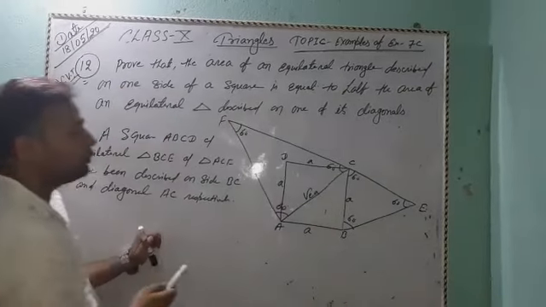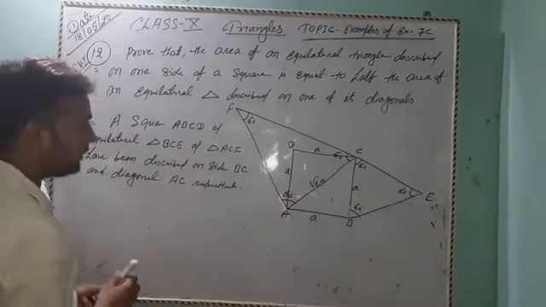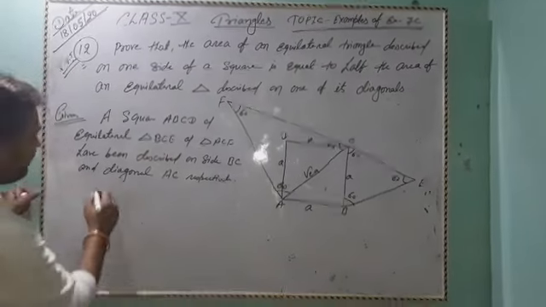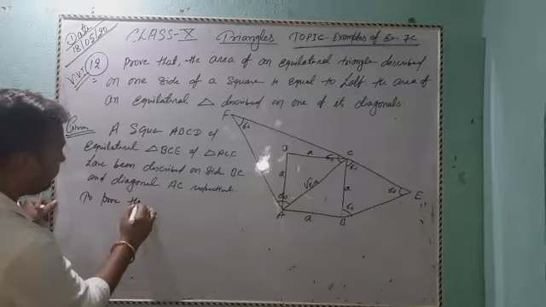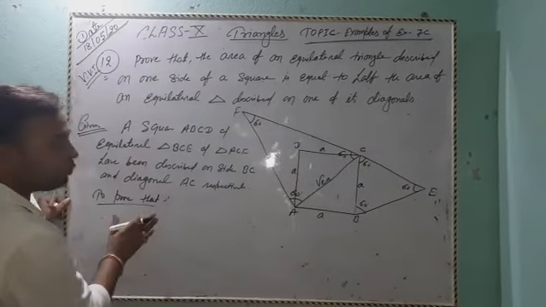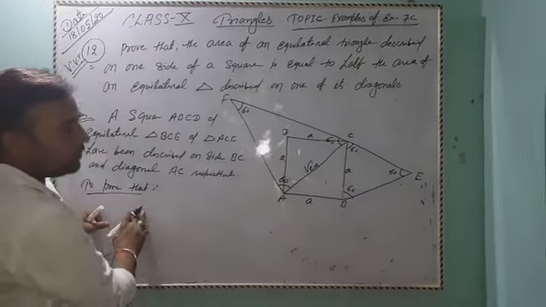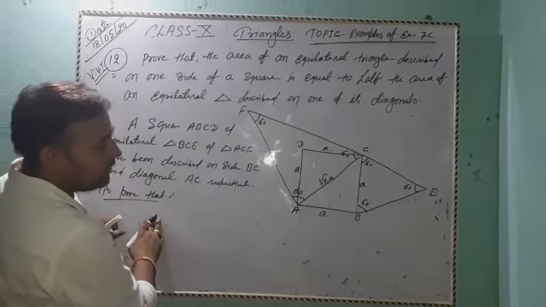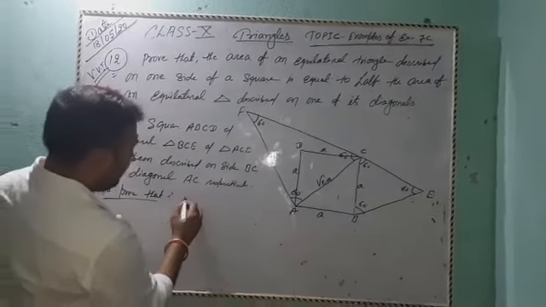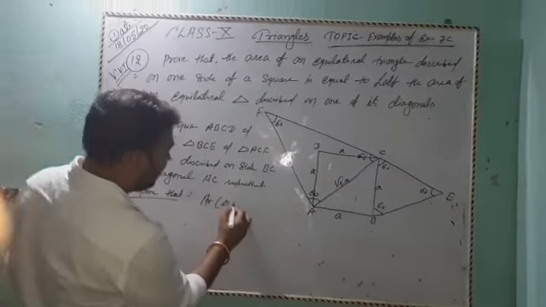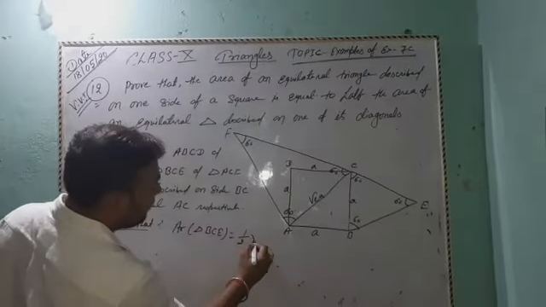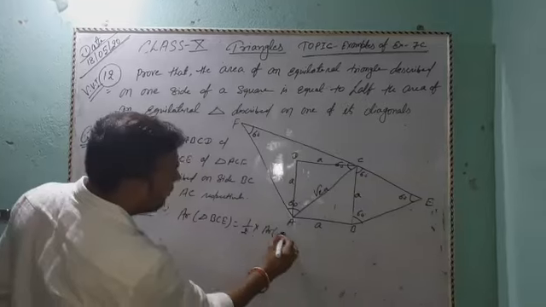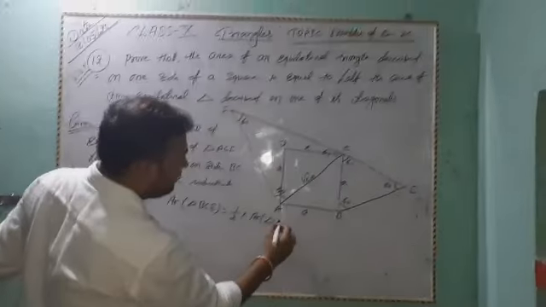So, to prove that the area of triangle BCE equals half into the area of triangle ACF.